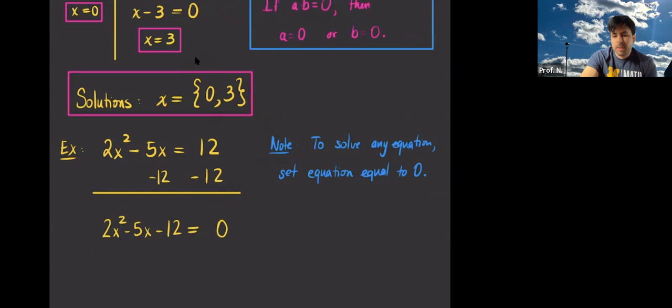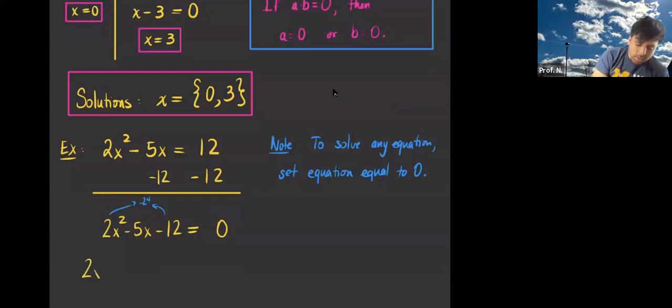Negative 8x plus 3x. That's right, Meg. So we multiply 2 and negative 12, right? And I get negative 24. And then I find two numbers that add to negative 5 but multiply to negative 24. And it's exactly right, negative 8 and 3.